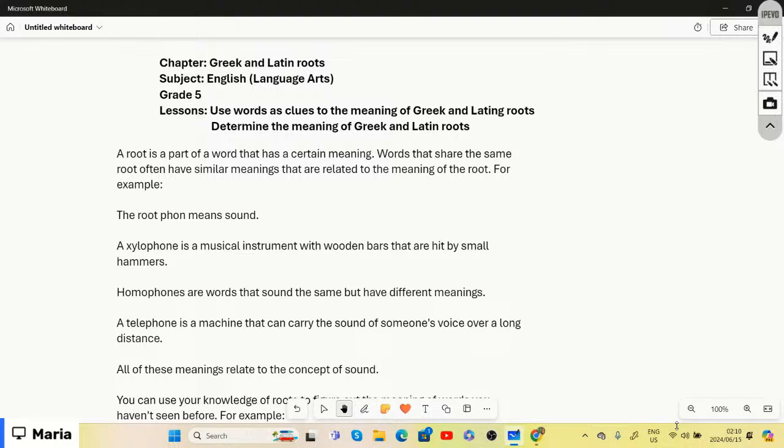If our root is phone or phon, the way it's spelled or pronounced, then it means sound.